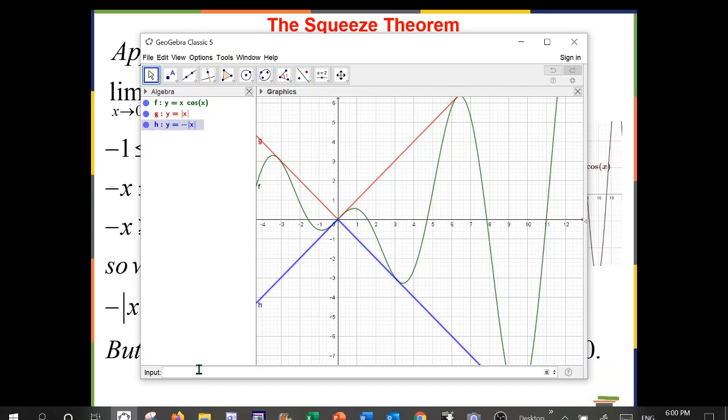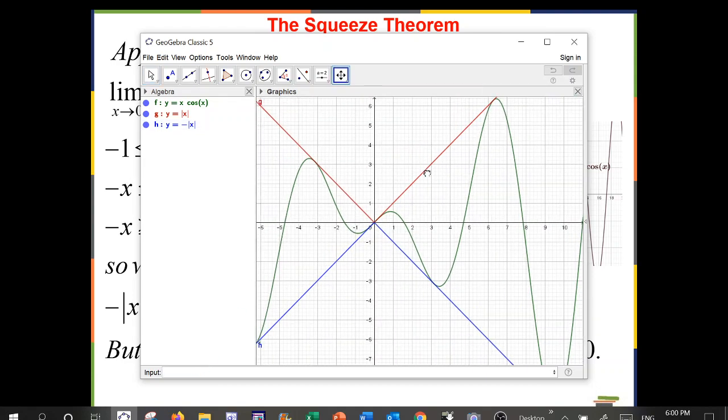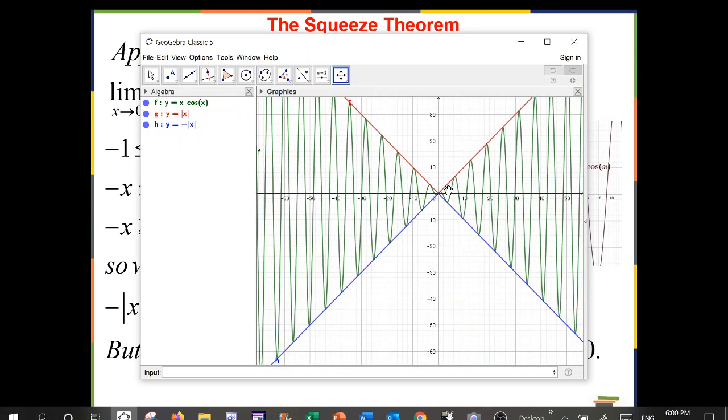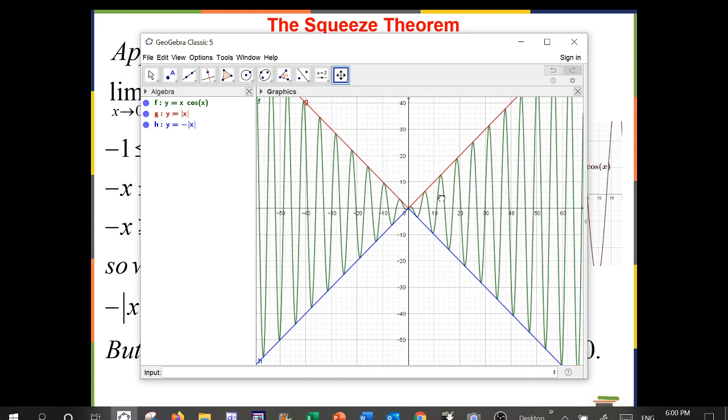And then zoom out, you see that the green graph is stuck between the red and the blue one.